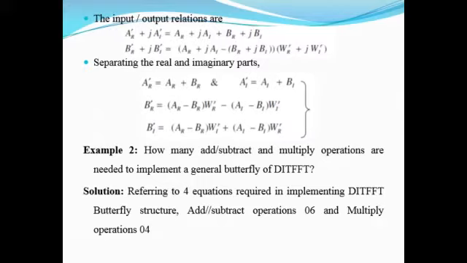Here 1, 2, 3, 4, 5 and 6. Actually this is a multiplication. Here it is 1, 2, 3, and 4. So multiply operations are 4. One term gets multiplied with this, one term with this, another term with this, and another term with this. So it's 4 multiplications that are required.